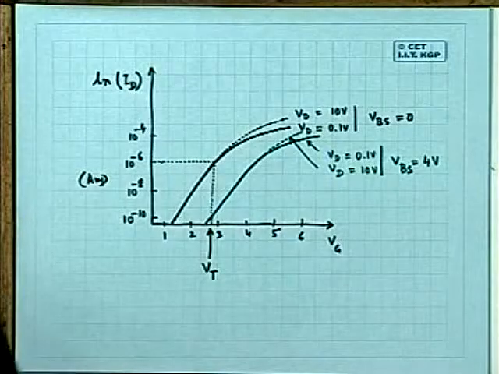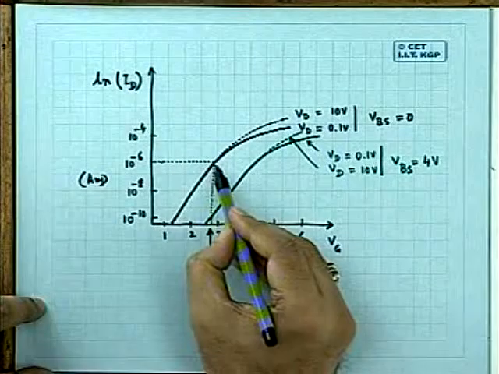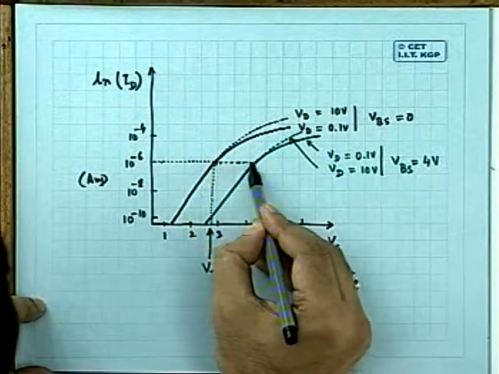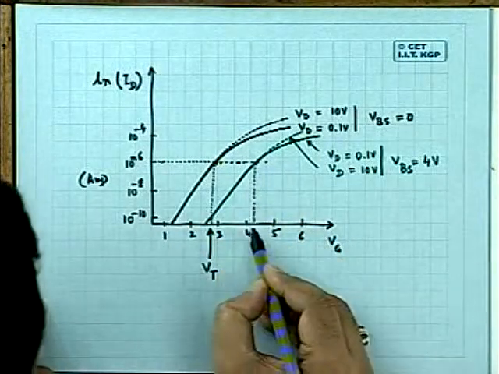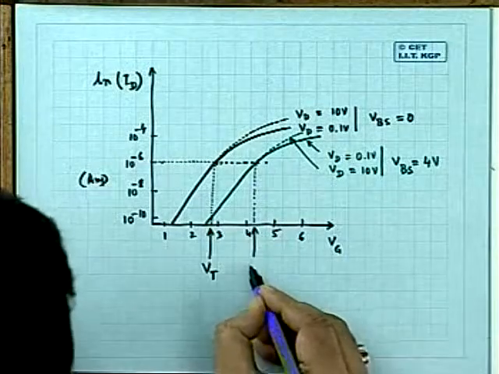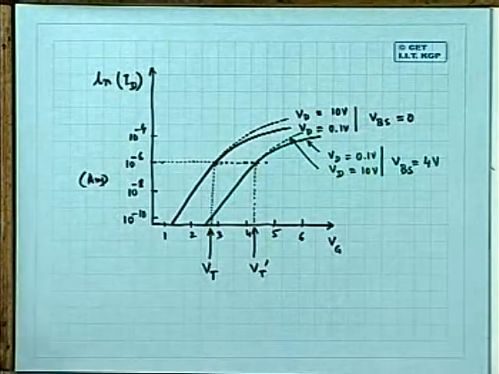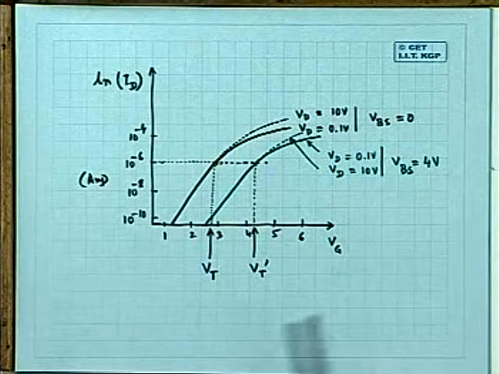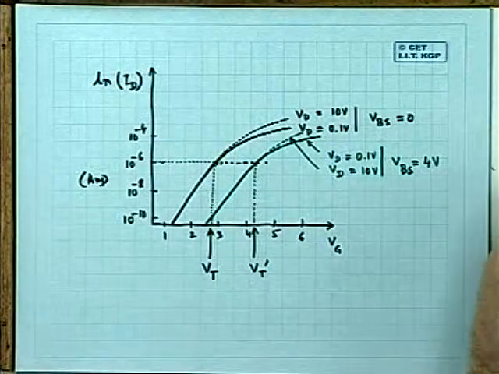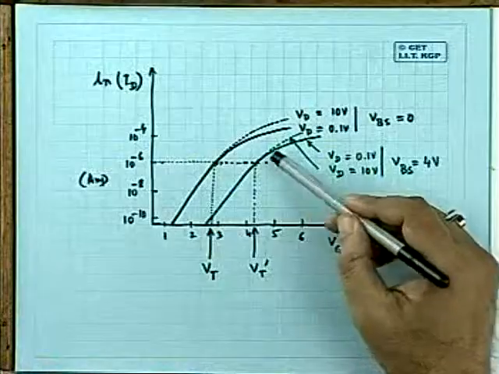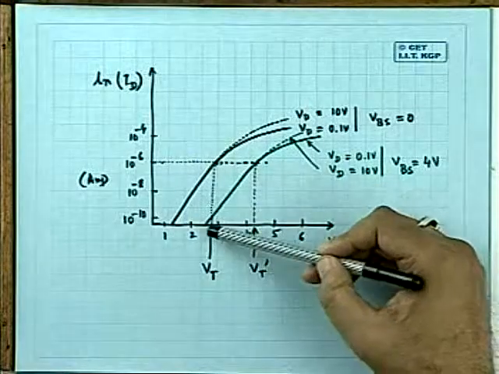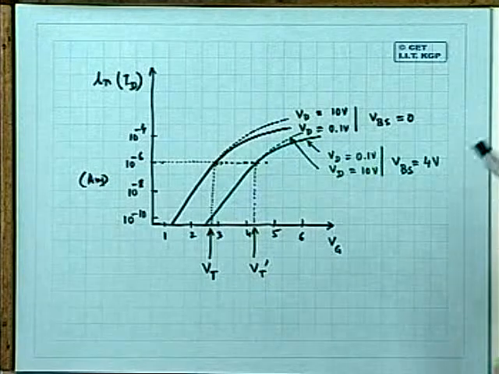And one thing you note as a result, this point is an interesting thing, you know, that this way of defining threshold voltage is called dynamic definition of threshold voltage.